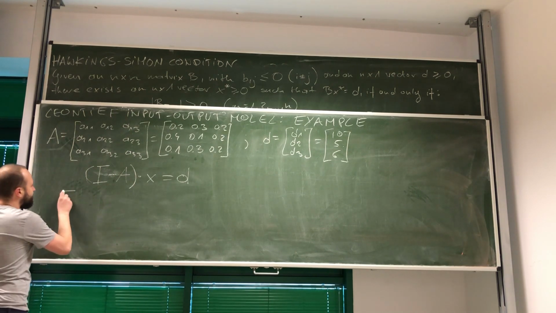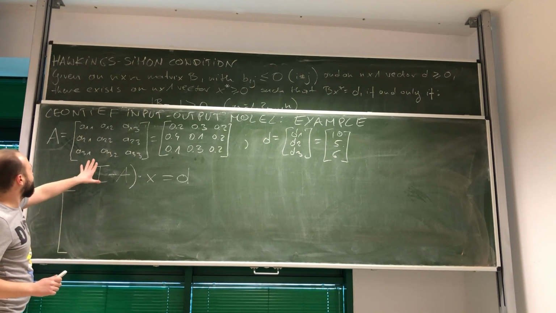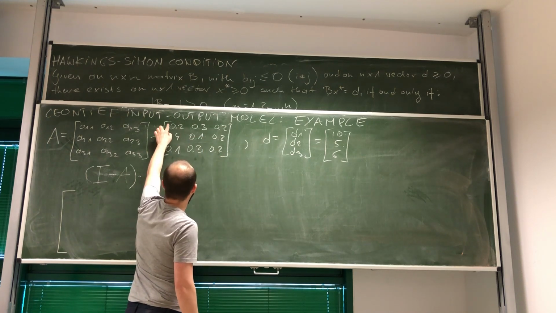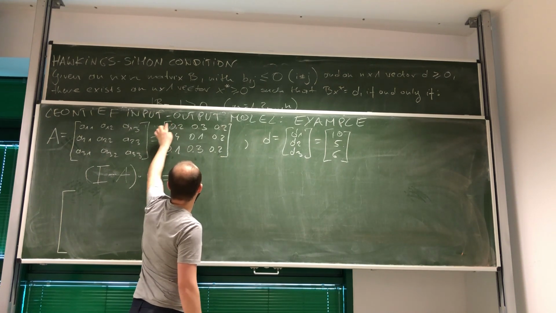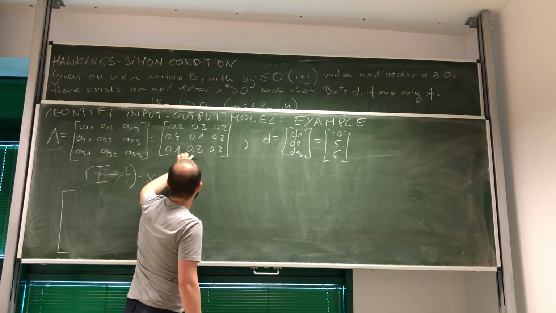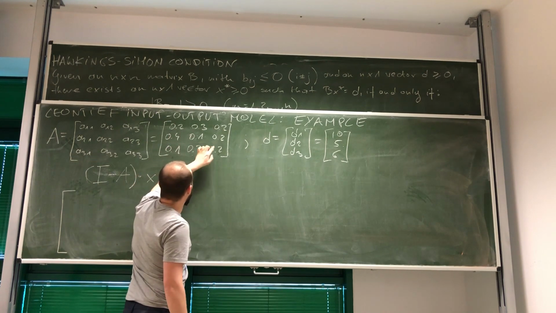And look, it's not that complicated, right? All we need to do is change everything that is outside the principal diagonal to negative values. And here we need to have 1 minus this, 1 minus this, and 1 minus this.